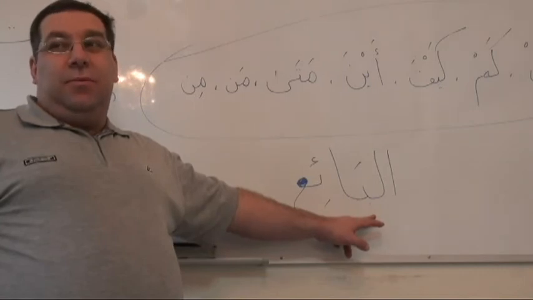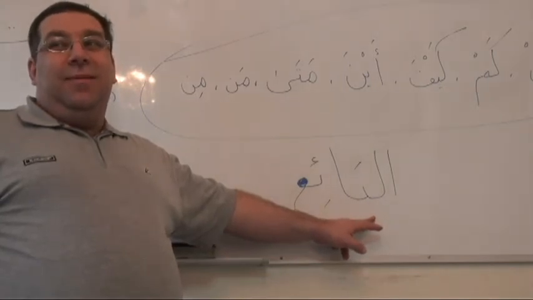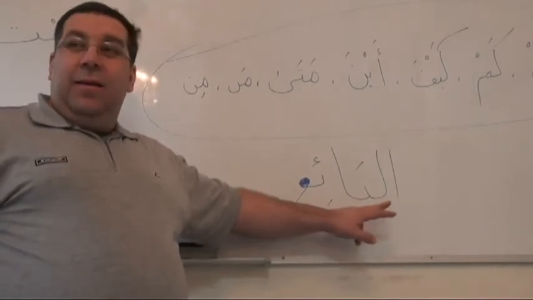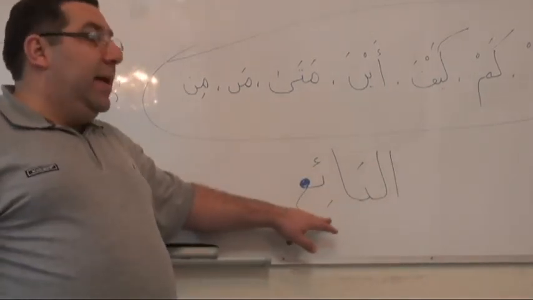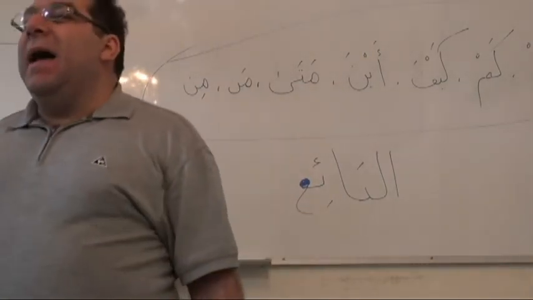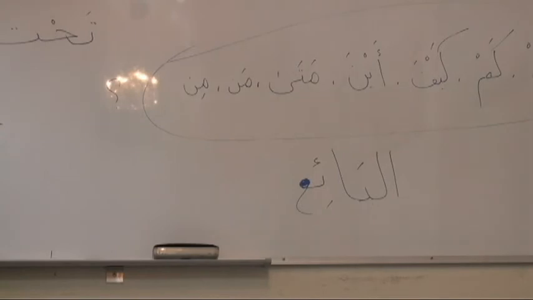One dot down. Al ba then ya. Al ba'i'a. Did you see the word? It is in the dialogue. 就是那个前面的那个名称，那个业务员、店员。 You saw it? Al ba'i' means salesman.